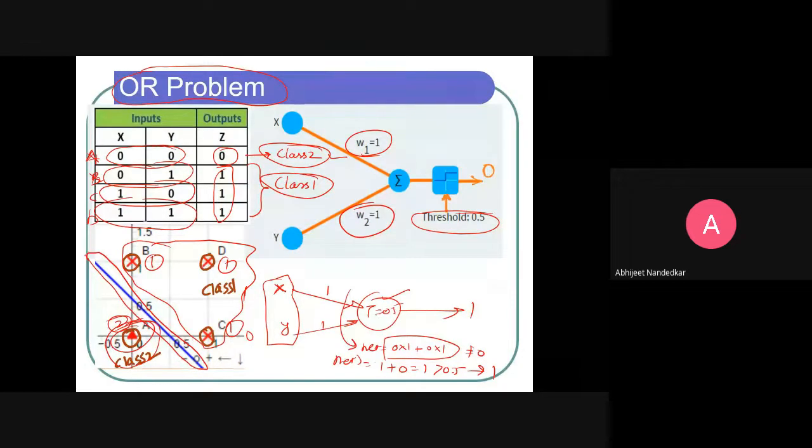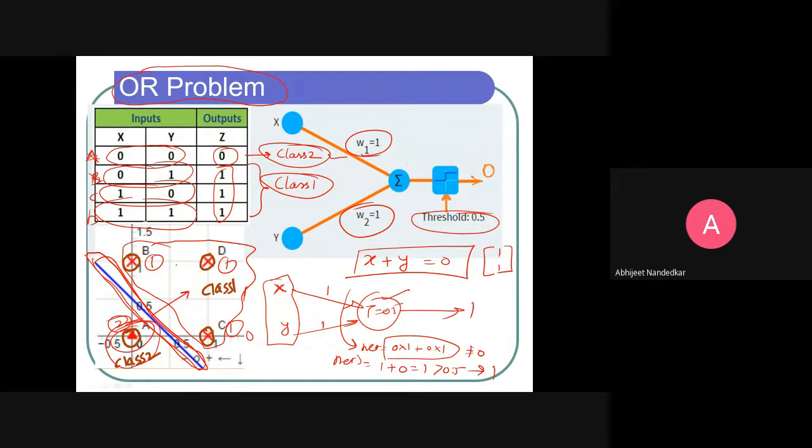What is implemented by this neuron, in terms of x and y, I can write as x plus y equal to 0.5. So this particular line is implemented here by this neuron. If I collect the coefficients, then 1, 1 is the vector which is the positive side of this line. So 1, 1 is this direction.